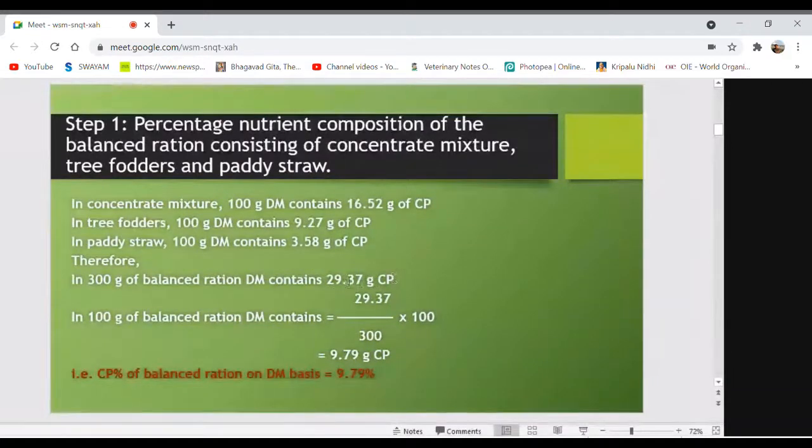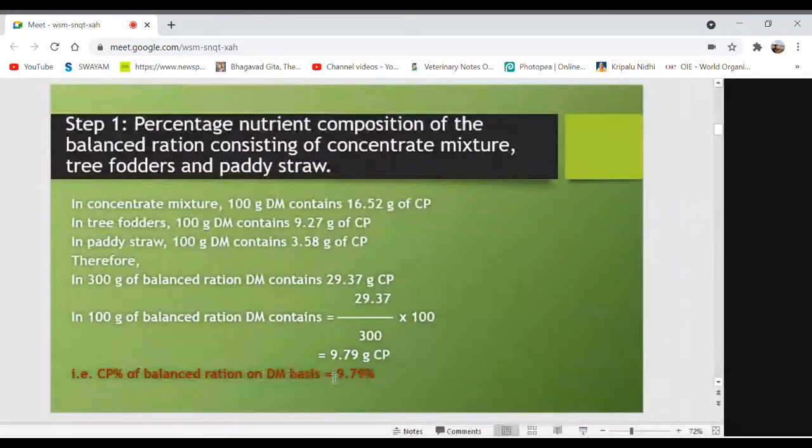29.37 gram of CP. So therefore, in 100 gram of balanced ration, if we consider this is a balanced ration, therefore 100 gram of balanced ration dry matter contains this divided by this into 100, that is 9.79 gram of CP. It means whatever balanced ration was provided to the growing cattle had 9.79% CP on dry matter basis.